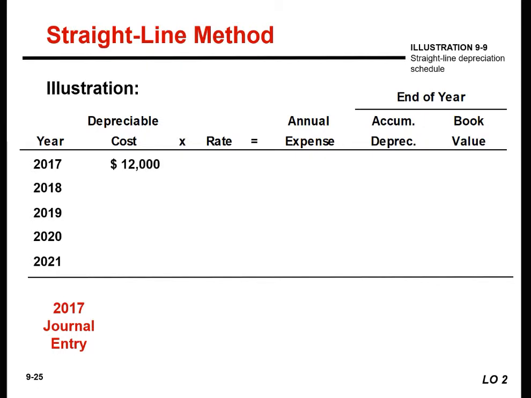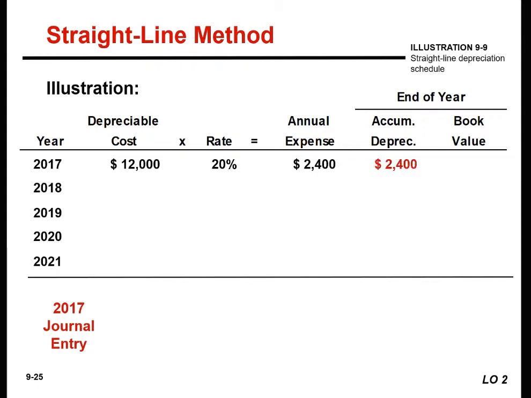So we have 12,000 multiplied by 20%. That is 100% divided by 5. That means that we will have a 20% annual expense of $2,400.